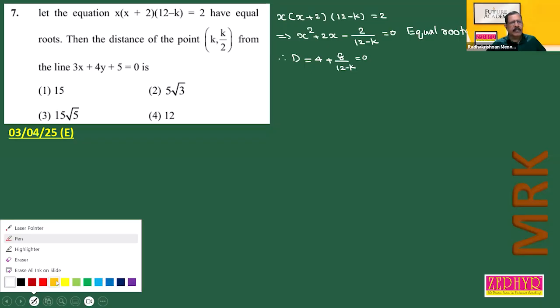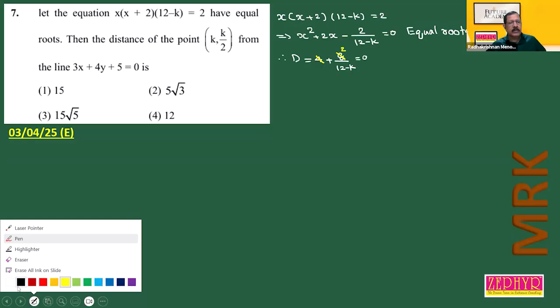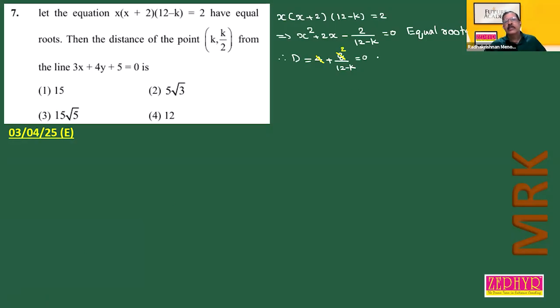You'll be getting here 2. So you'll be getting 12 minus k plus 2. 12 minus k plus 2 is equal to 0, which implies k is equal to 40.